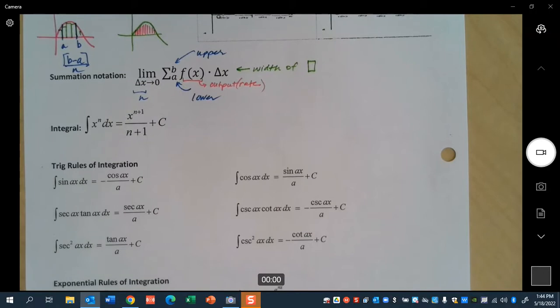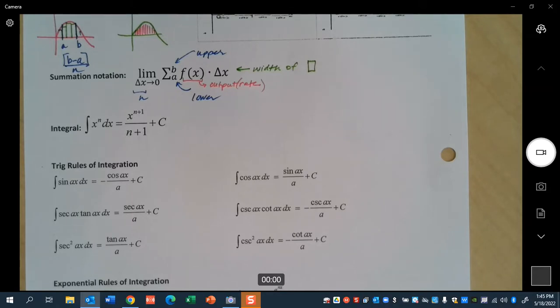So you were taking all those areas, length times width, and adding them all up between those two boundaries. So that summation notation is that bridge that we did between doing our Riemann sums and figuring out the integral.